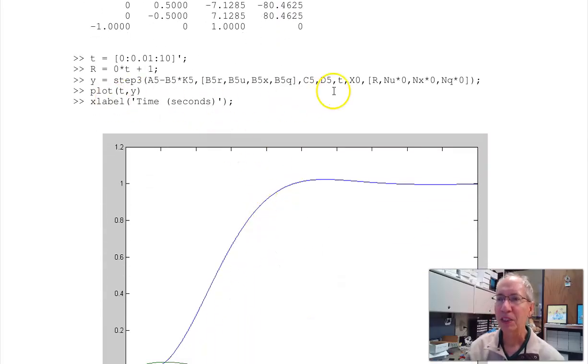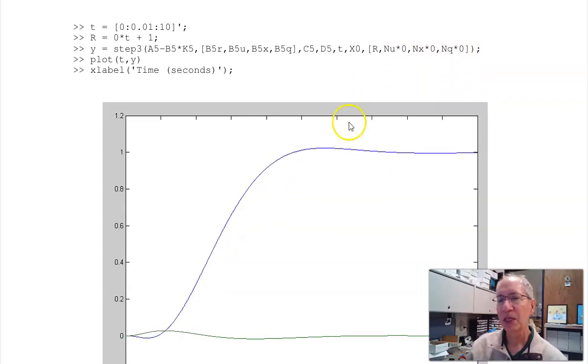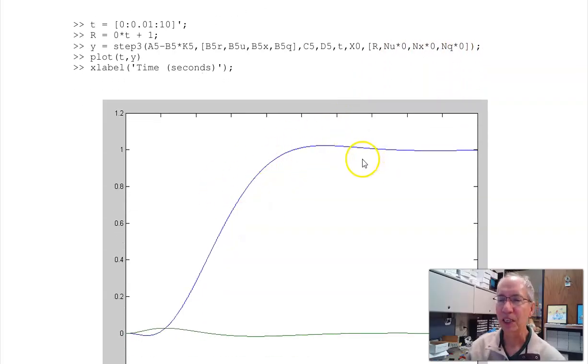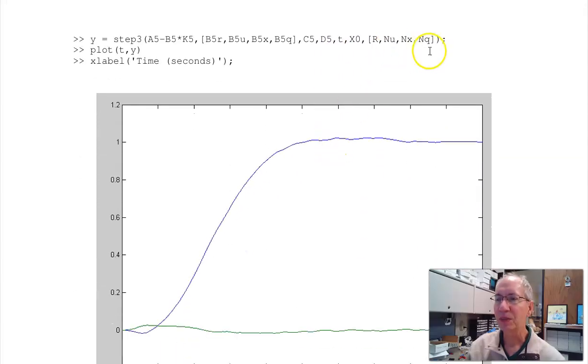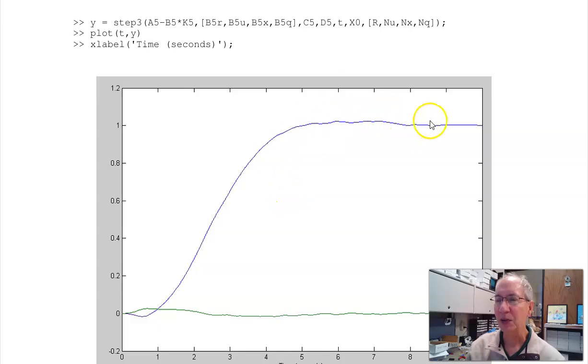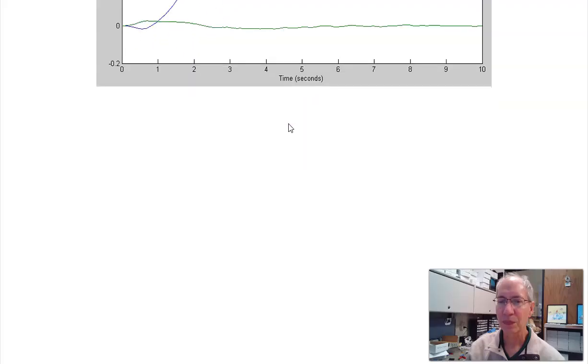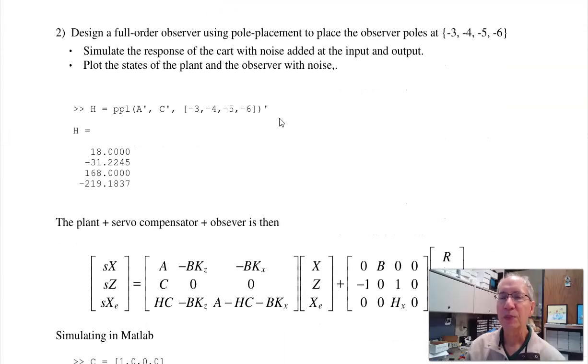If I plot the step response with no noise, so all these terms are turned off, there's my step response in the ideal case, no noise. If there is noise, then it's going to kind of chatter around a little bit. That's noise affecting the system. Okay, that was problem number 1.